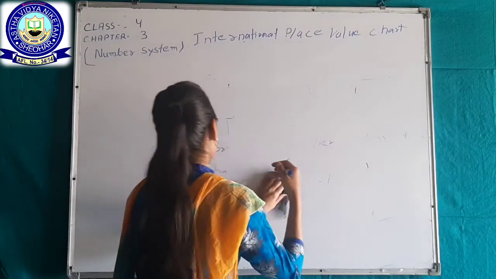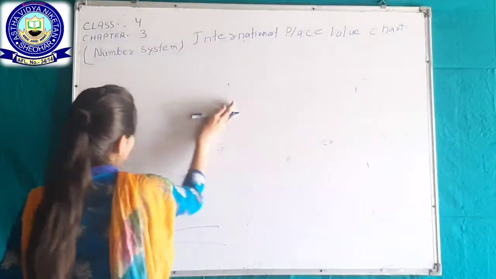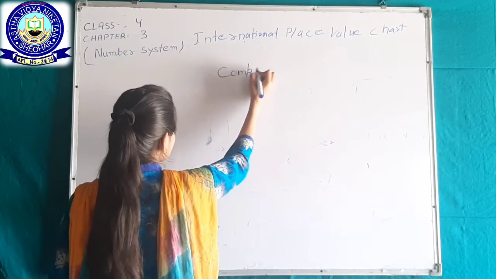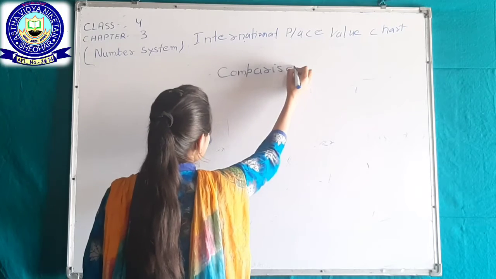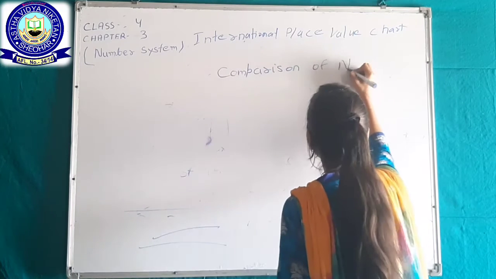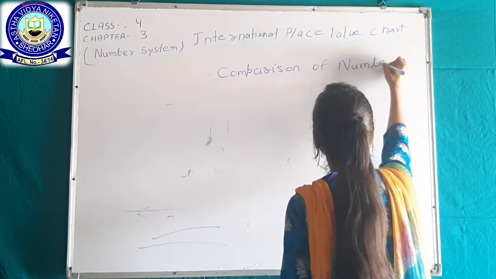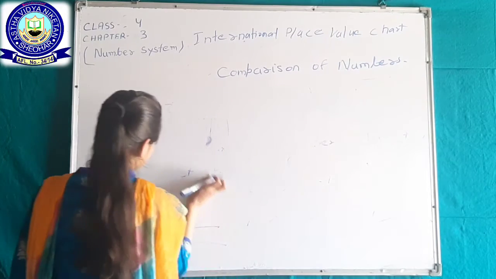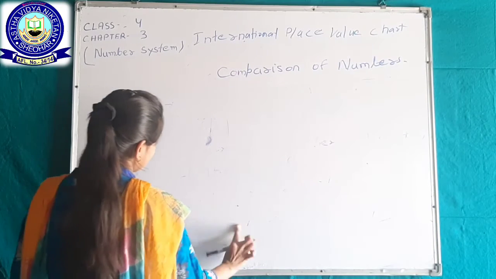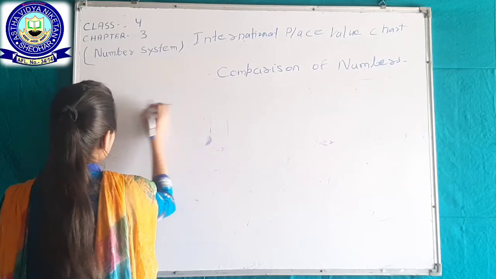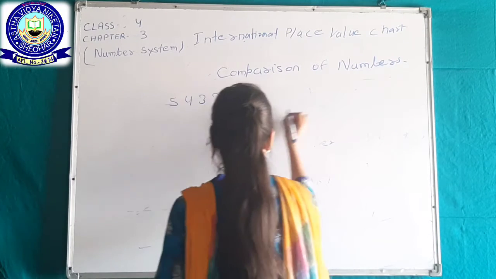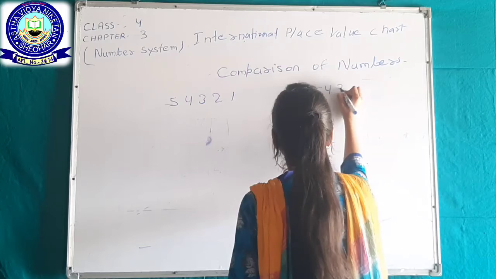Now we have to read the comparison of numbers. There are two numbers: 5, 4, 3, 2, 1, and here is 5, 4, 3, 2, 0.